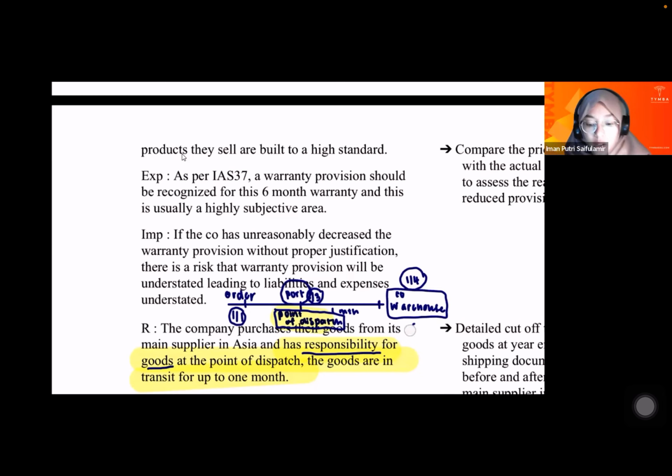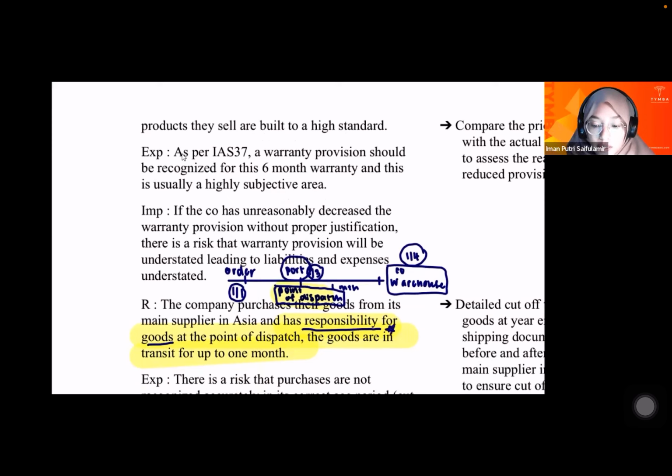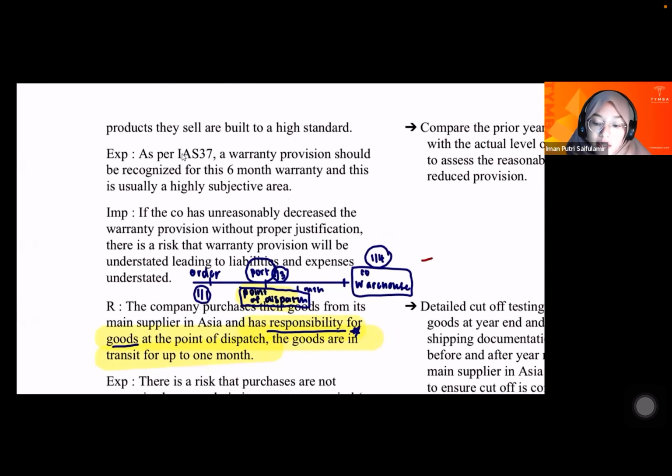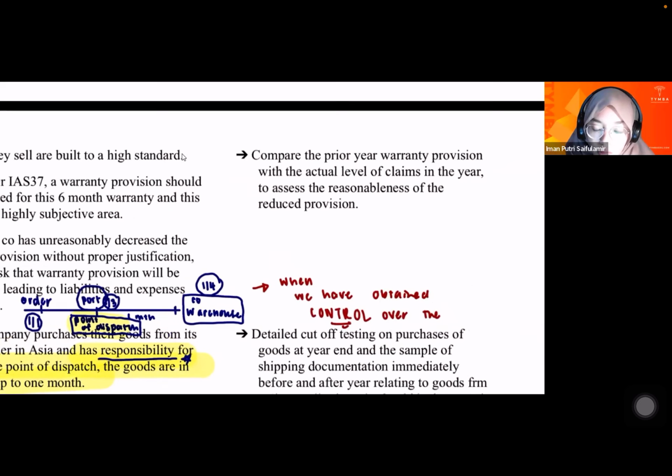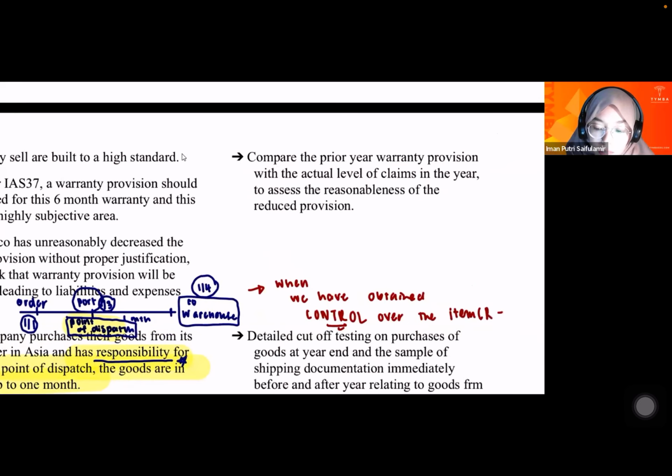Usually we recognize a purchase when we have received the item. But the more specific rule is that we recognize a purchase when we have obtained control over the item, or basically obtained the responsibilities and rewards of this asset.